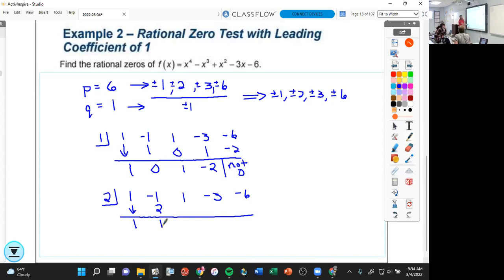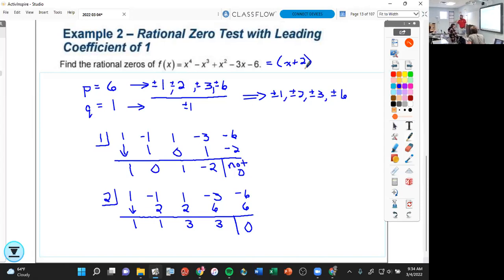Combine and get 1. 2 times 1. Combine. 2 times 3. Combine. 2 times 3. Remainder 0. Which means x plus 2 is a factor, right?